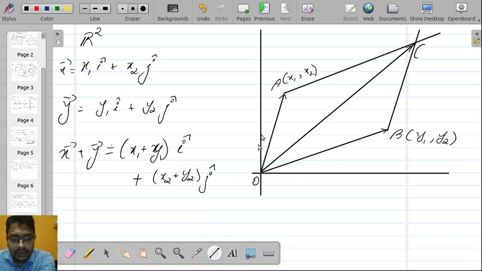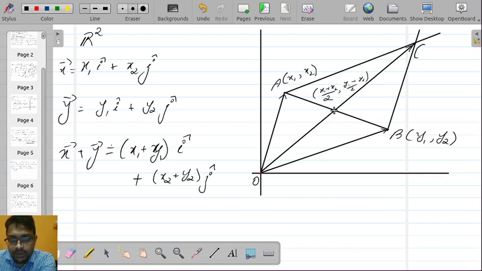So how do I show it? It's quite simple. If you join these two, we know diagonals of a parallelogram bisect each other. So what is this midpoint? You just use your knowledge of Cartesian geometry: x1 plus x2 by 2, y1 plus y2 by 2.